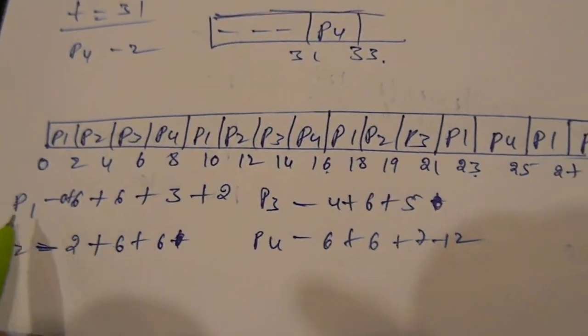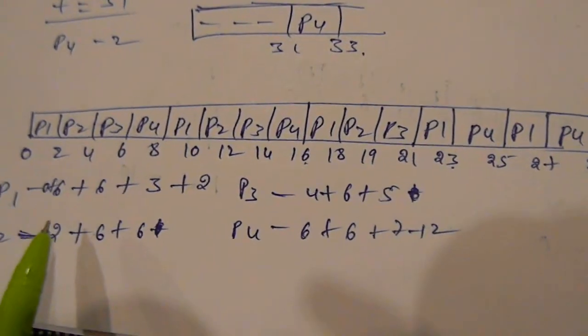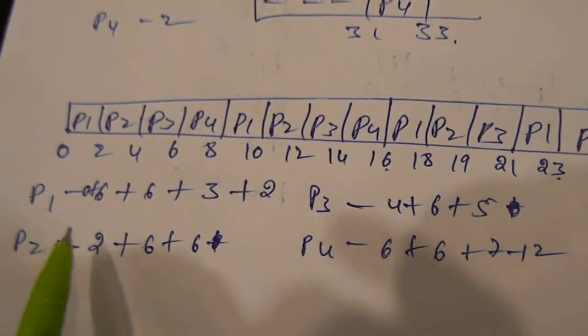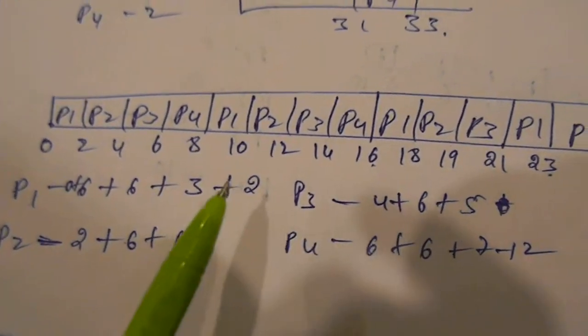Here, for calculating average waiting time, we have to calculate the individual waiting times of the processes which are in the ready queue.